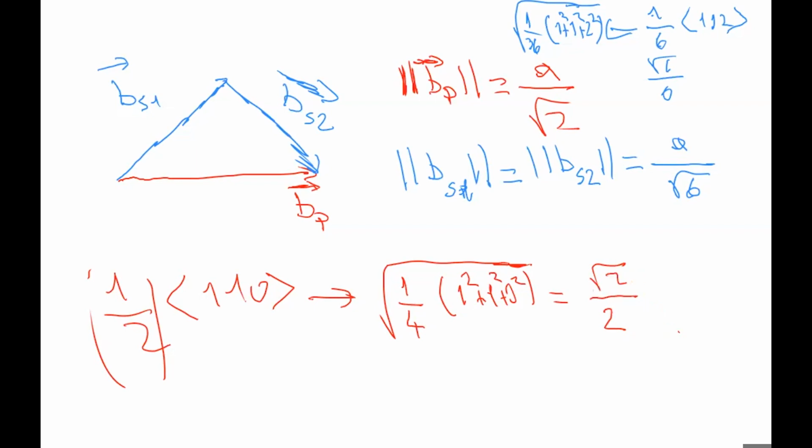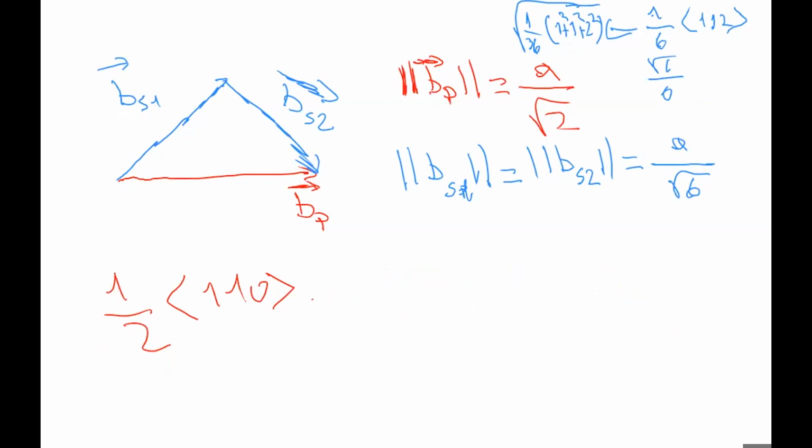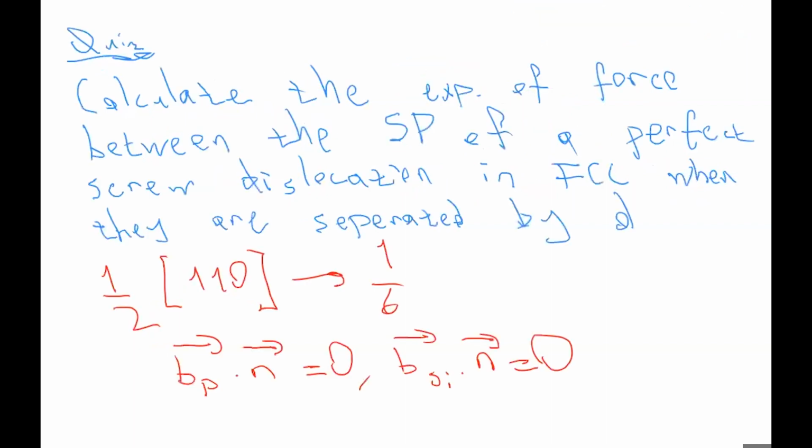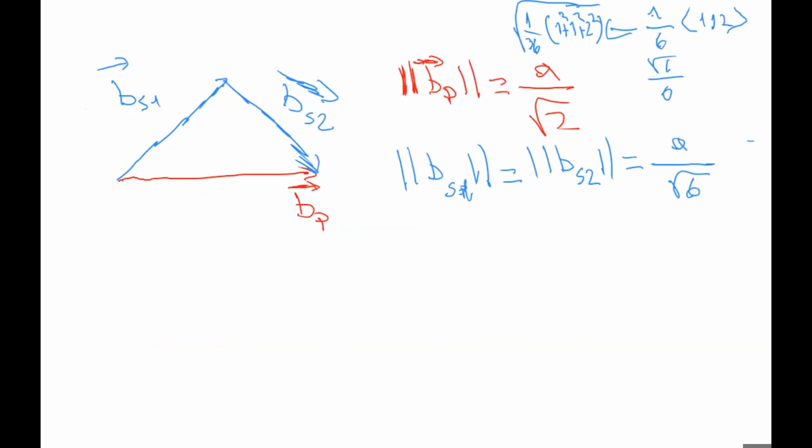Okay, so in the question, was it edge dislocation or screw dislocation? I totally forgot. Let's go back. Screw dislocation, okay? So in screw dislocation, is the Burgers vector parallel to the tangent vector, or are they perpendicular to each other?